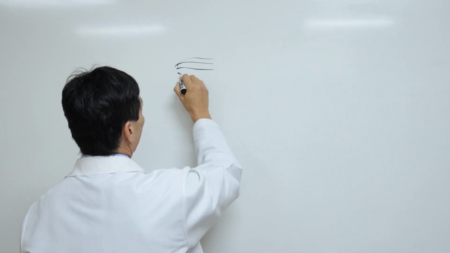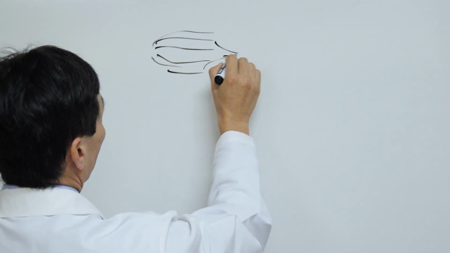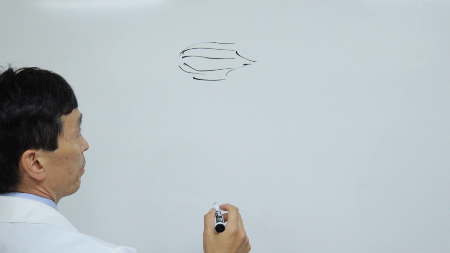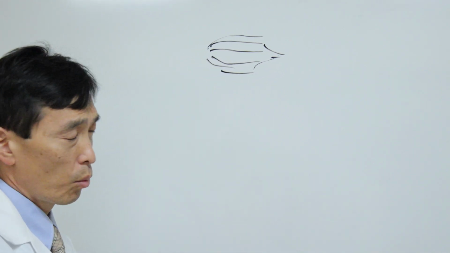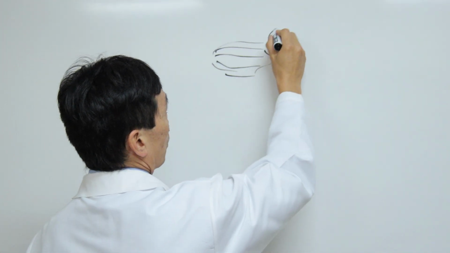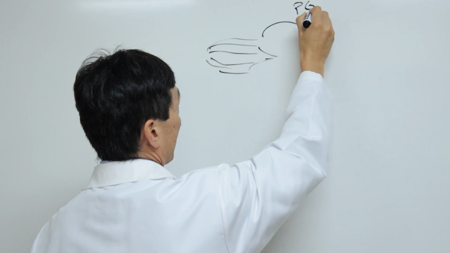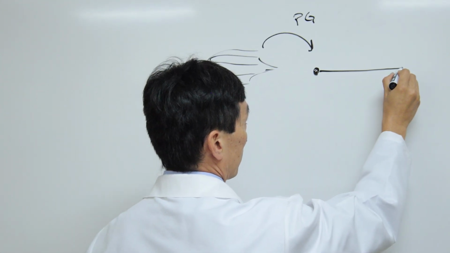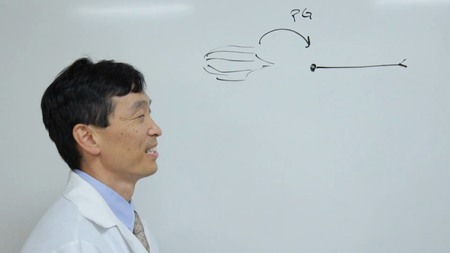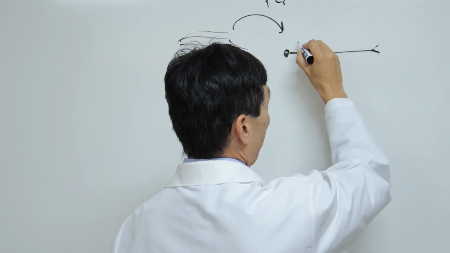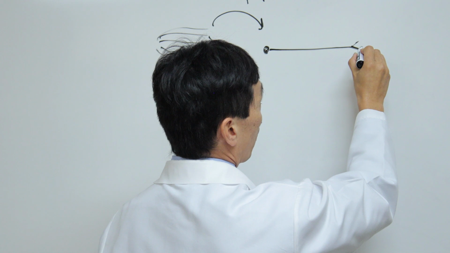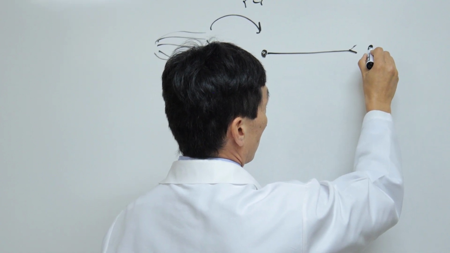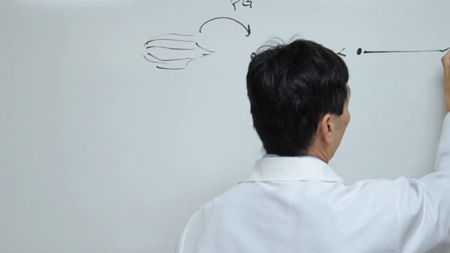When there's pain, I'll just draw, for example, a muscle here, a muscle that's in pain. The way it works is these will release prostaglandins to your nerves. This is a nerve. And then pain stimulus will travel between one nerve to another nerve.